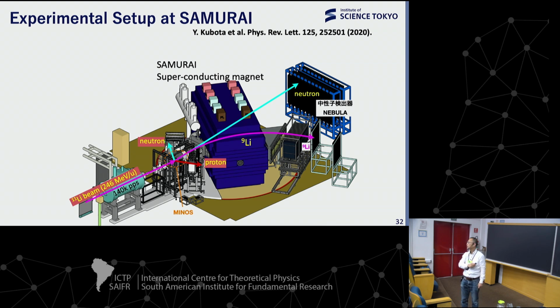What's the reason why you use different detectors for these two? Okay, so for these neutrons, we know that this is going to 45 degrees or so, and the space is rather limited. So the time of flight length is rather short, maybe 2 or 3 meters.